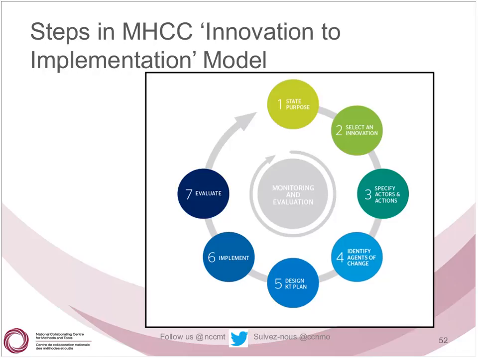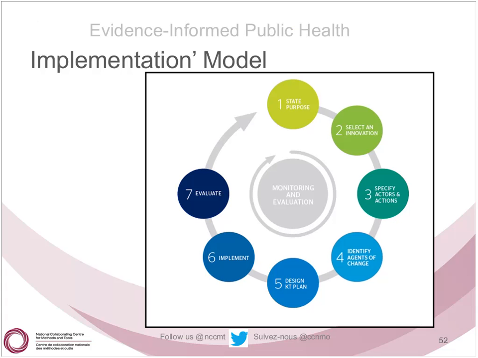Then we get to the implementation phase and the evaluation phase, very similar to our evidence-informed public health model. So this model, which is in the Innovation to Implementation document, may be really useful to you if you work in a mental health field, because it was really developed with that context in mind. But I would say the alignment is really there for any kind of population or community health approach.